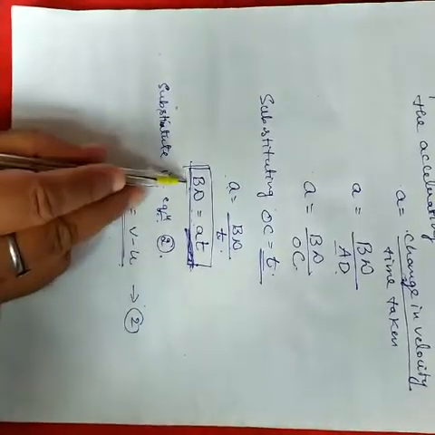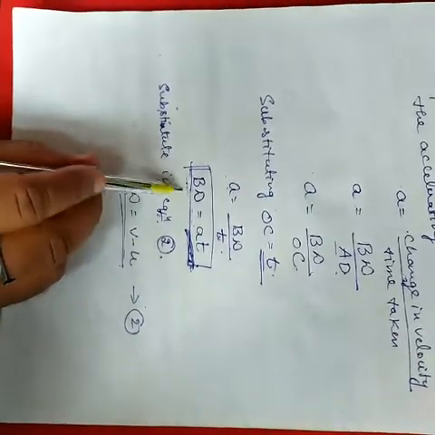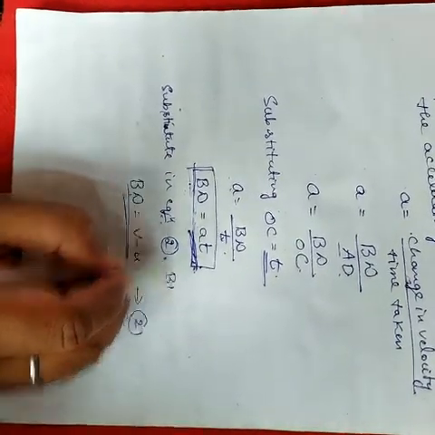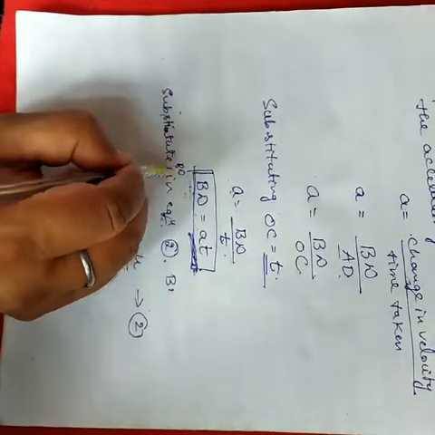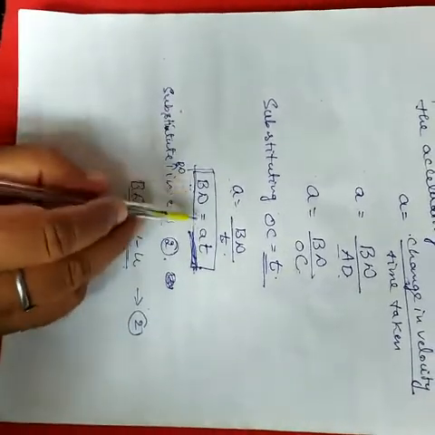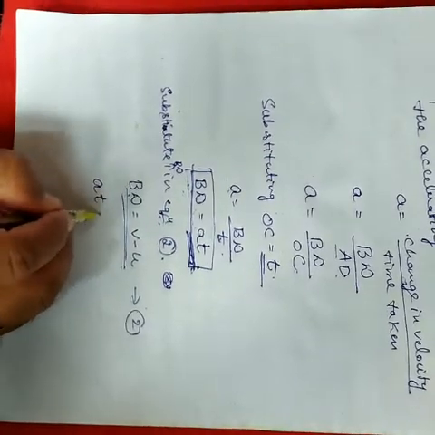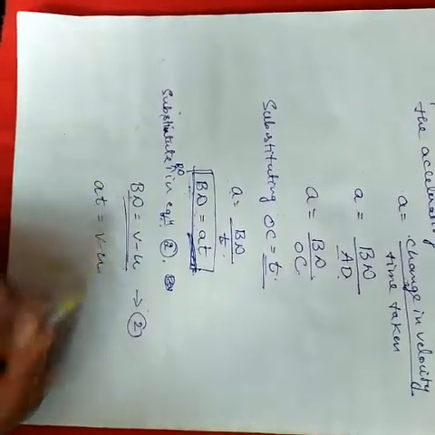So we substitute BD here. Substitute BD in equation number 2. BD is equal to aT. That is aT is equal to V minus U.